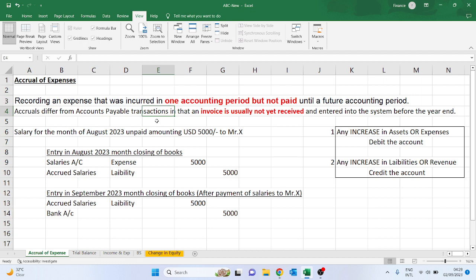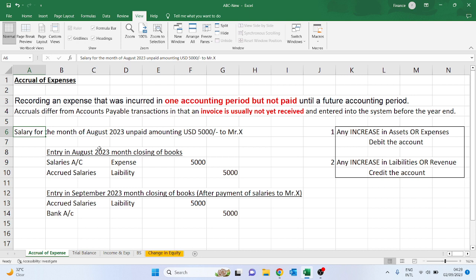So on a specified date, let us say on 31st of August, we need to pass entries in the books. Salary for the month of August 2023 unpaid, amounting to USD 5,000 to Mr. X. So his salary for the month of August is still not paid.